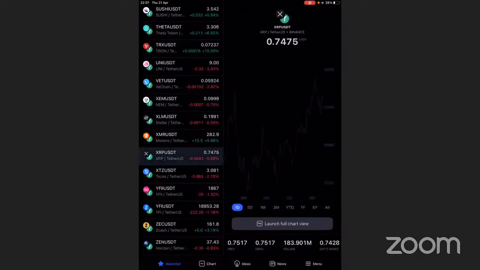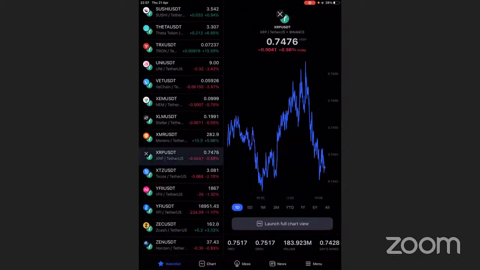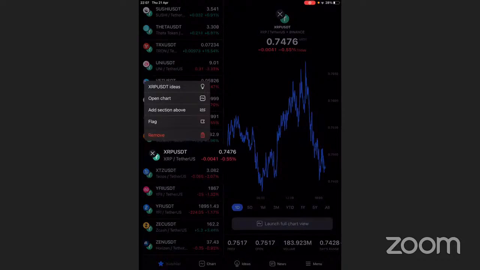You guys, you must load the TradingView. It's loaded with information. Did you see when I pressed there? Do you see where it says XRP USDT ideas on top with the little light?